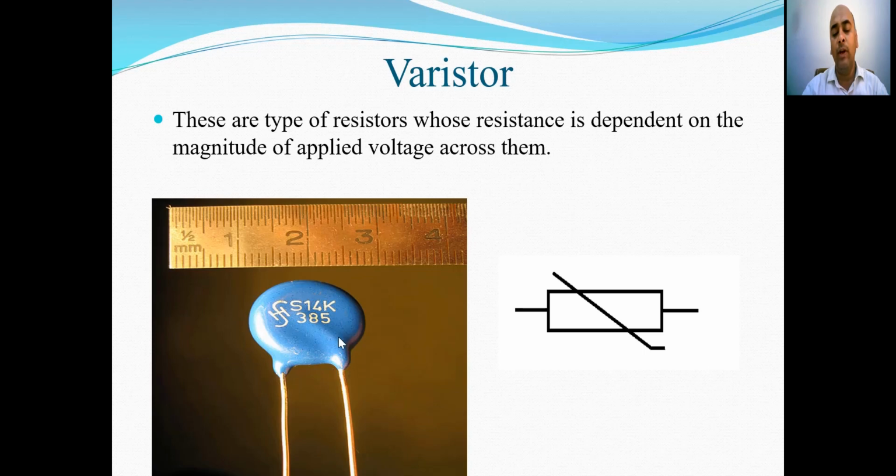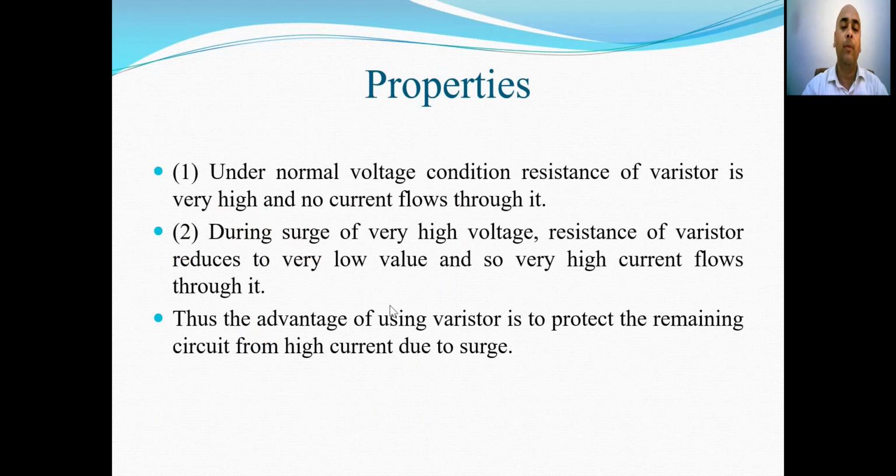So as the voltage applied across the varistor changes, the resistance offered by the varistor also changes. The properties of varistors include that under normal voltage conditions, the resistance of the varistor is very high, and as resistance is very high, no current flows through it.